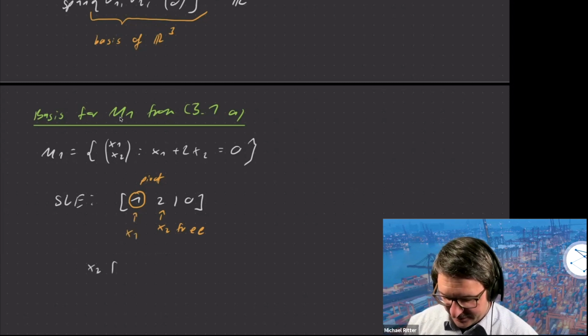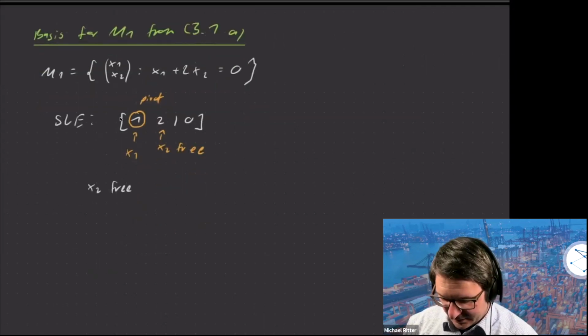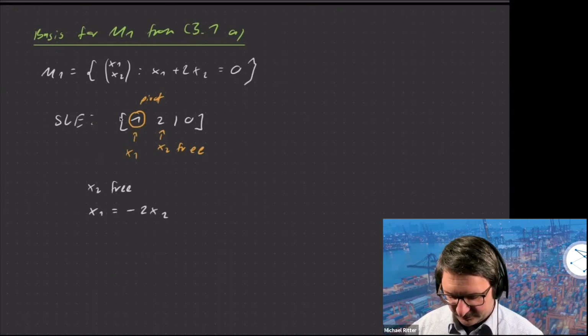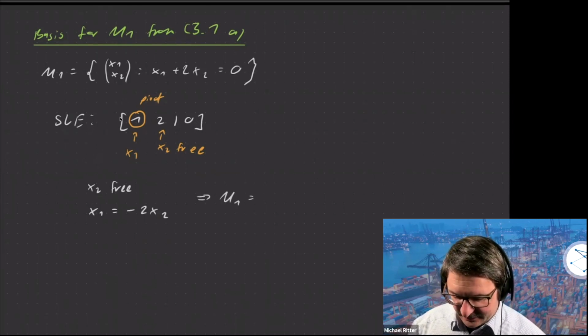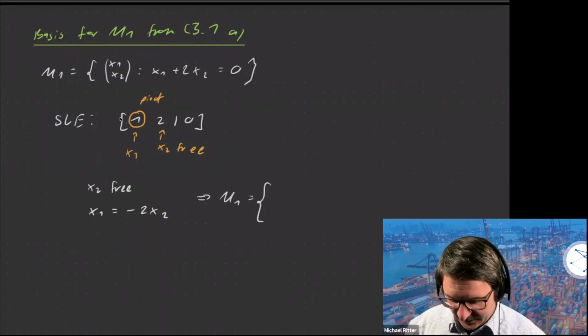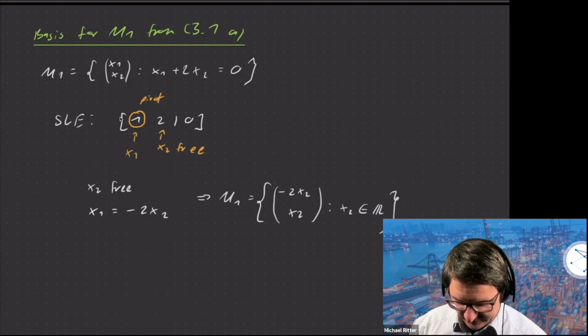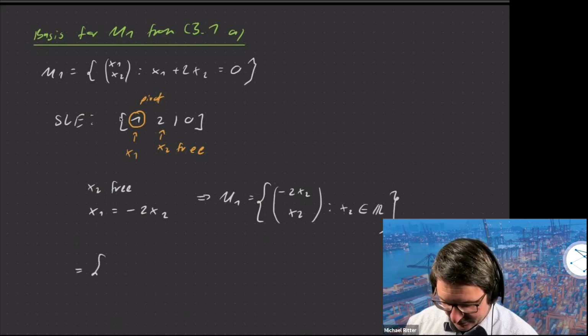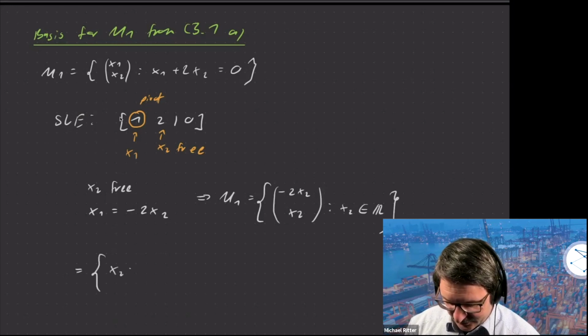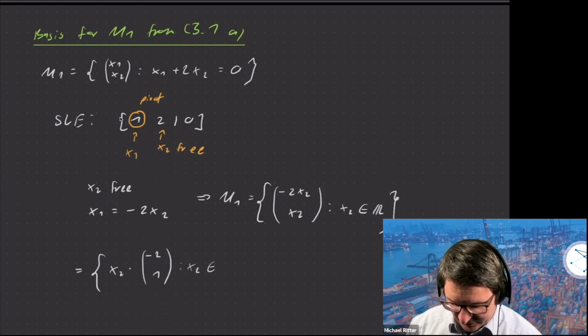So x2 is free, and we solve for x1: x1 is minus 2x2. So the solution space U1 is the set of all (minus 2x2, x2) with x2 in R, which can also be expressed as x2 times (minus 2, 1) with x2 in R.